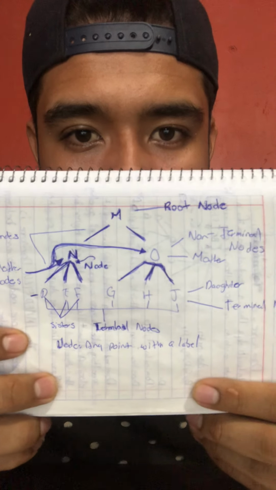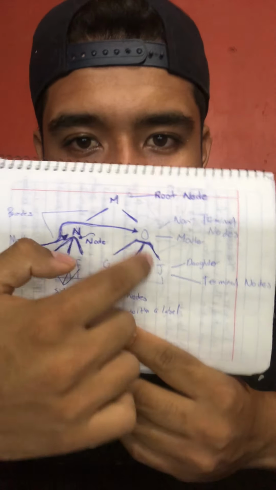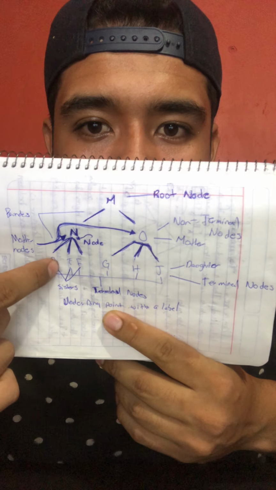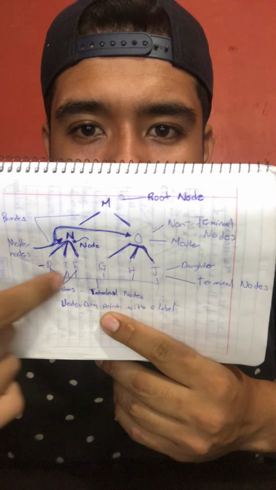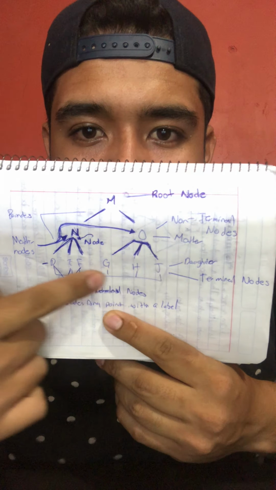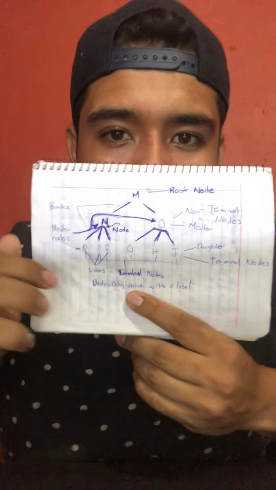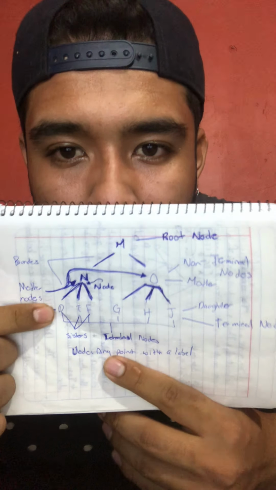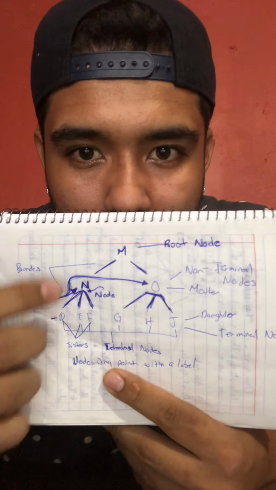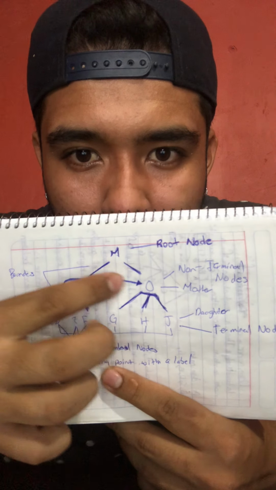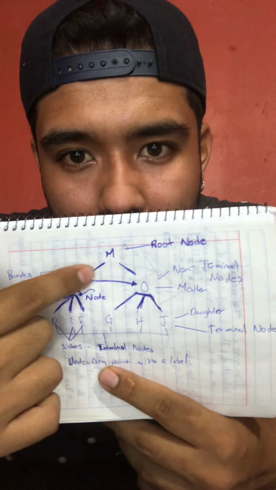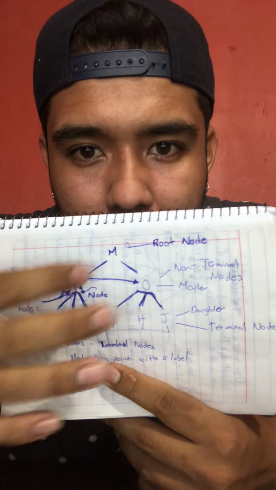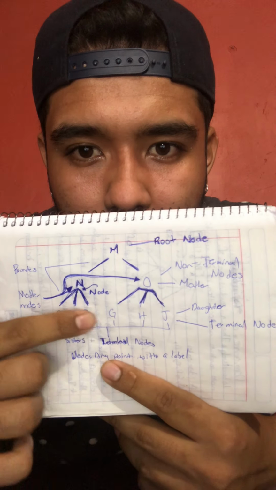This is an example of a tree diagram. As I mentioned before, these are the nodes, the words. These are the branches.